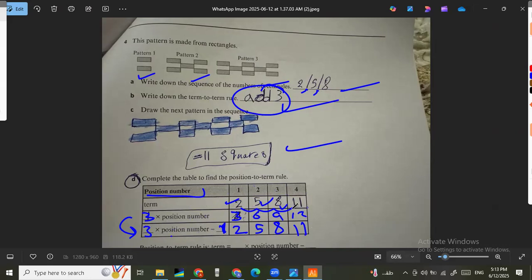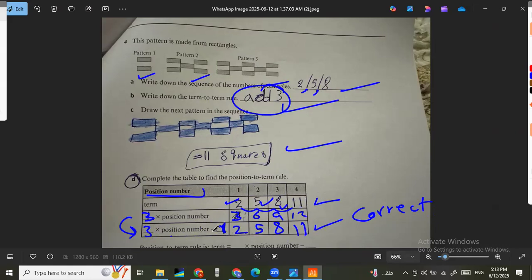Do not try to copy. If the second row is the same as the last row, then I did everything correctly. But if they are different, then I definitely made a mistake in the rule. It might be 3 times the position number minus something else.